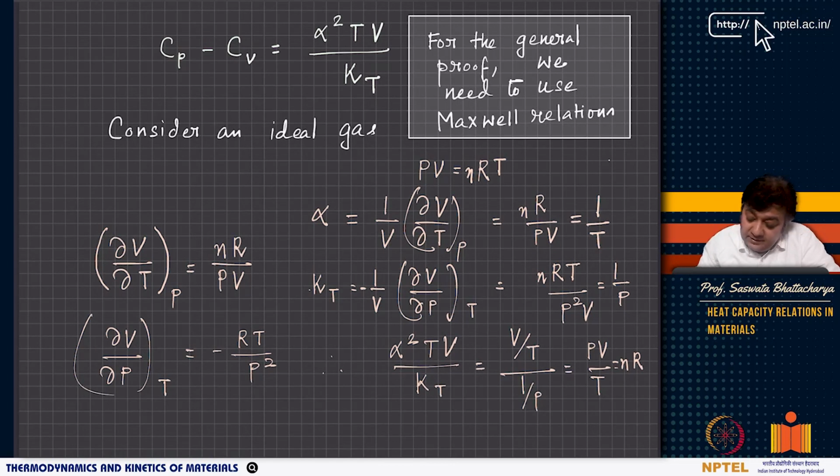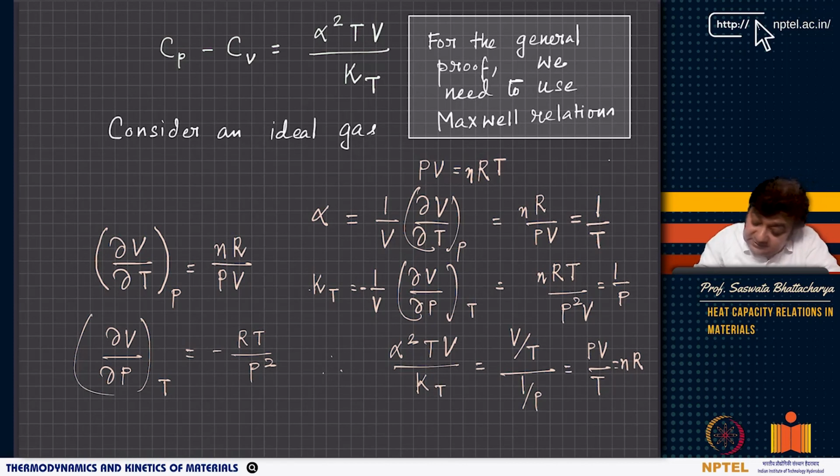Now kappa T is nothing but minus 1 by V del V del P. So you have alpha square T V, so it is nR T by P square V, because V is there, and del V del P is what you are looking at. So you are writing V equals nRT by P, so there is a minus sign, and here there is a minus sign, so it becomes plus.